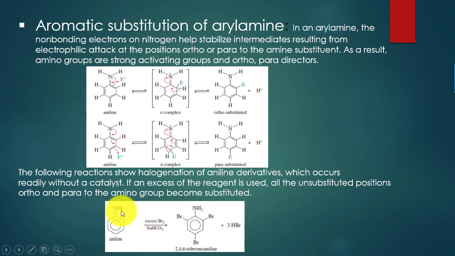Like here, aniline is made to react with excess bromine. No Lewis acid is required for this reaction, in the presence of sodium bicarbonate. All the ortho and para positions available in the starting material get occupied by the electrophile, like here, by bromine atoms.